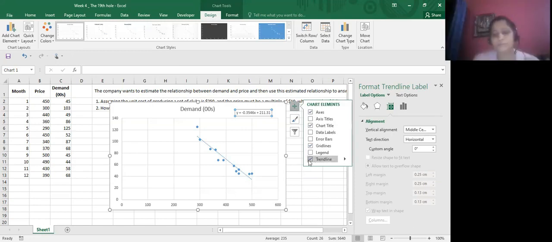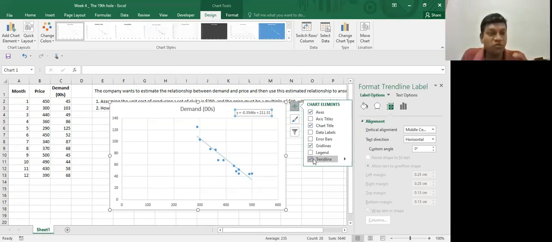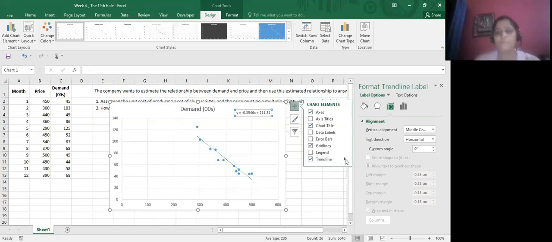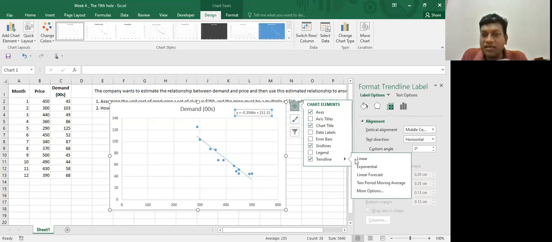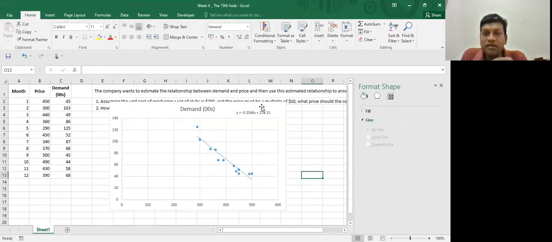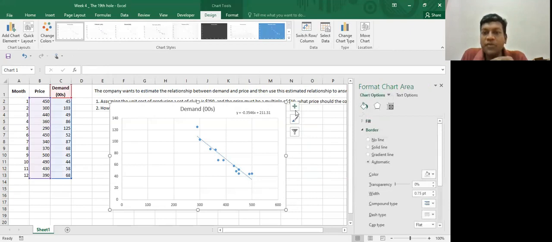As you keep clicking, on the right there is another arrow that gives you another menu, a whole host of options. There is an option, it says linear, and then there is an option called display equation on chart.